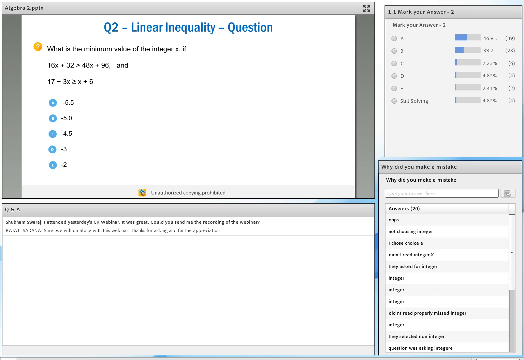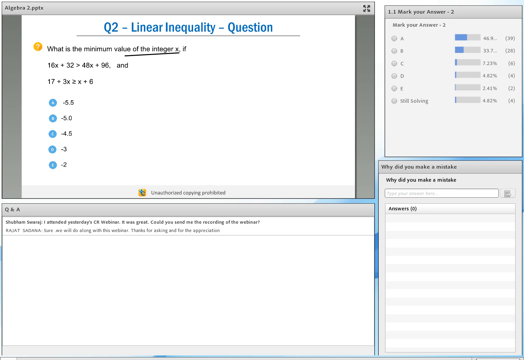What did I tell you in the last question? What is the first step that you need to do even before you start solving? Look for constraints. Yes, look for constraints. Read the question. Don't get into solving the question. You will get ample time.